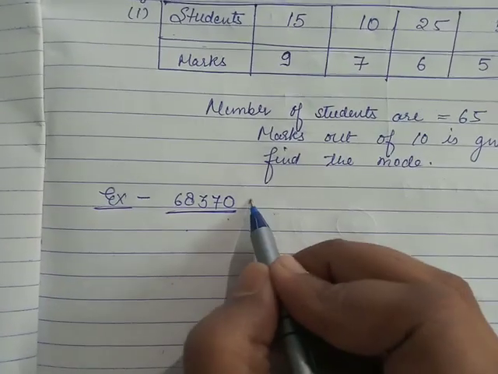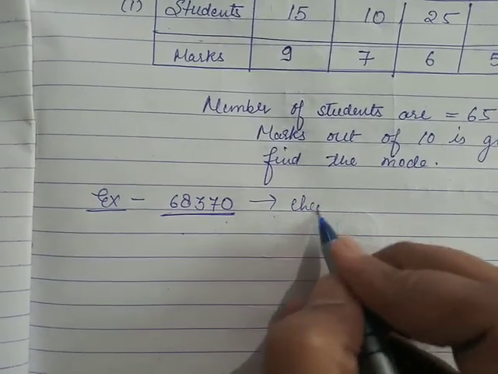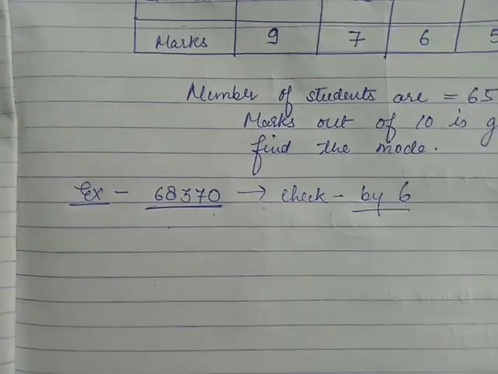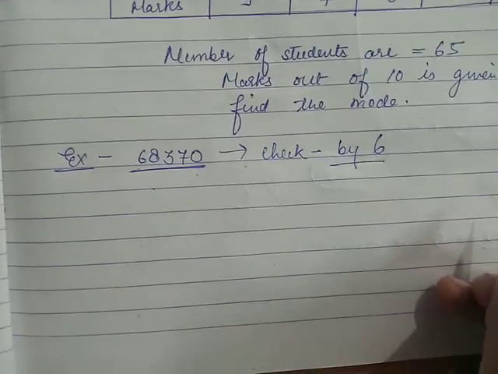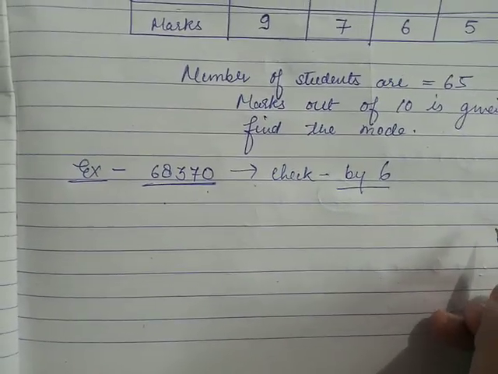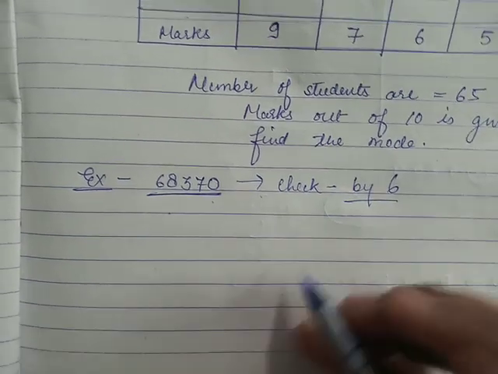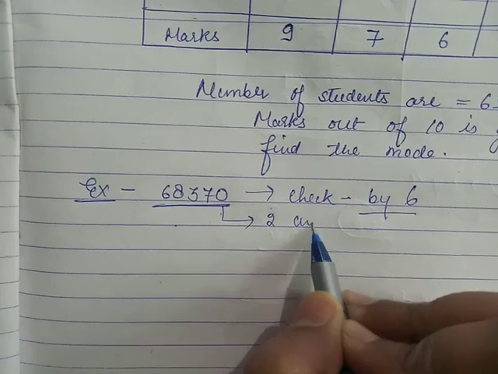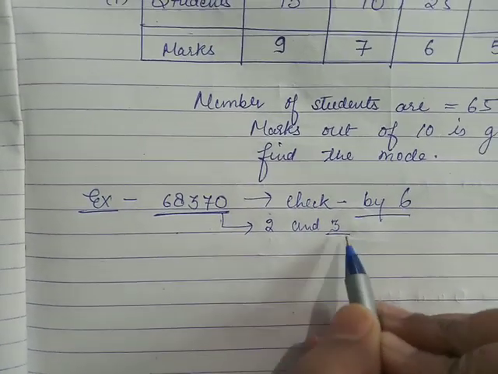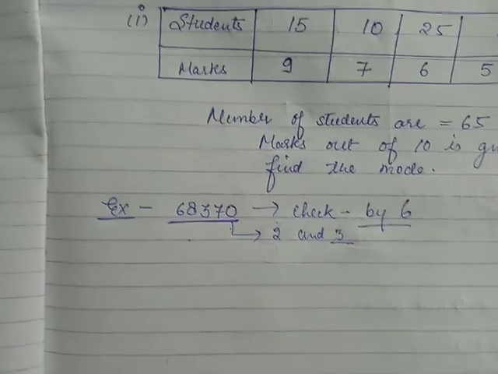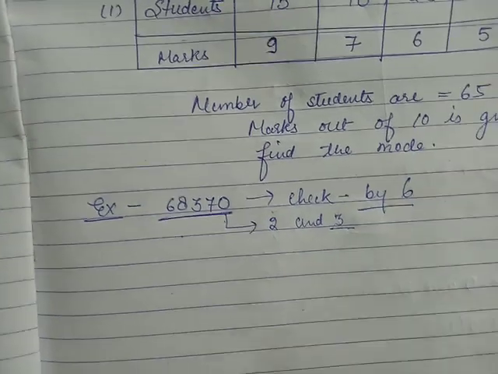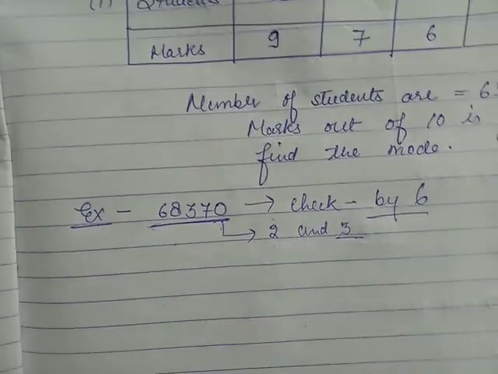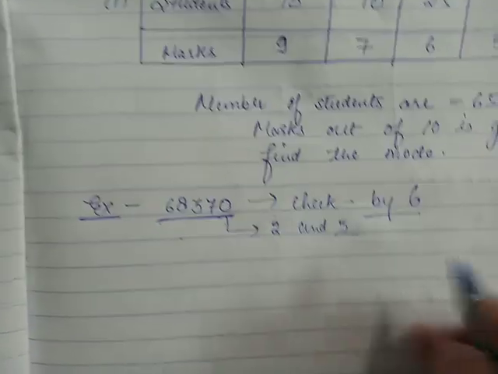Okay, here is an example: 68,370. We have to check divisibility by 6. So we have read that if we want to check the divisibility by 6, we will check if it is divisible by 2 and 3 both. For 3, you have learned that if the summation of all the digits is divisible by 3, the number will be divisible by 3.